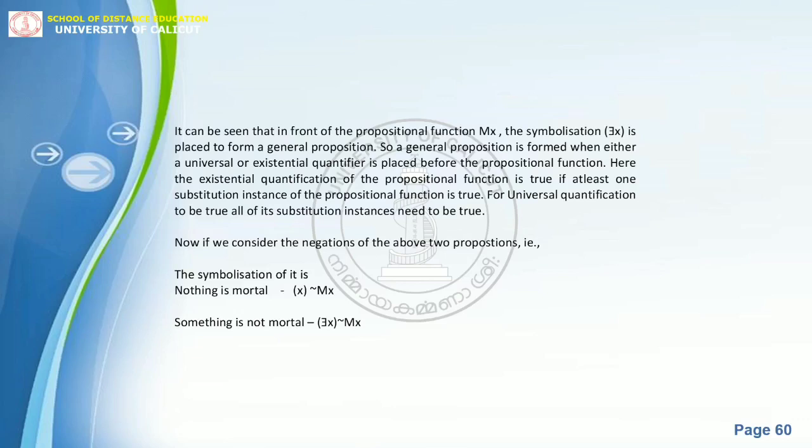The symbolization of nothing is mortal is using the universal quantifier x followed by negation Mx, and something is not mortal is symbolized as existential x followed by negation Mx.